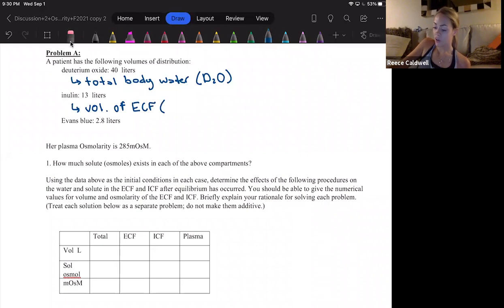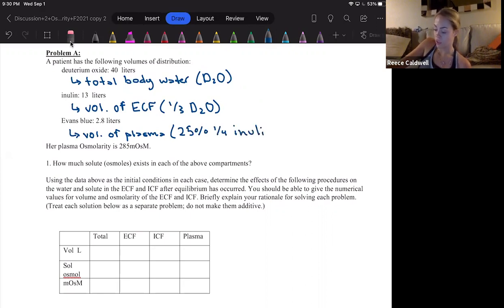This is normally going to be about 1/3 of the D2O, of the deuterium oxide. Evans blue is looking at our plasma volume, so the volume of plasma. And it's going to be about 25% or 1/4 of the inulin, of the total volume of our ECF.